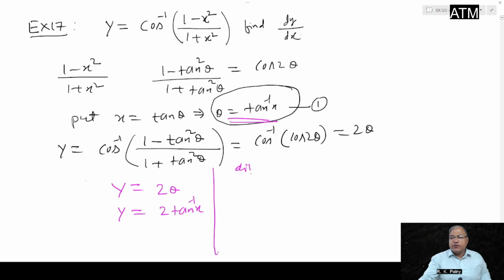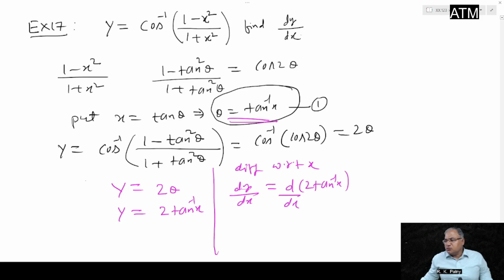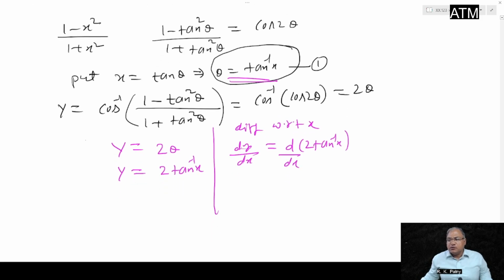Now differentiating with respect to x. So dy by dx equals the differentiation of 2 tan inverse of x with respect to x. The 2 is a constant, so that will be taken outside. So dy by dx, 2 being constant, is 2 into the derivative of tan inverse x.